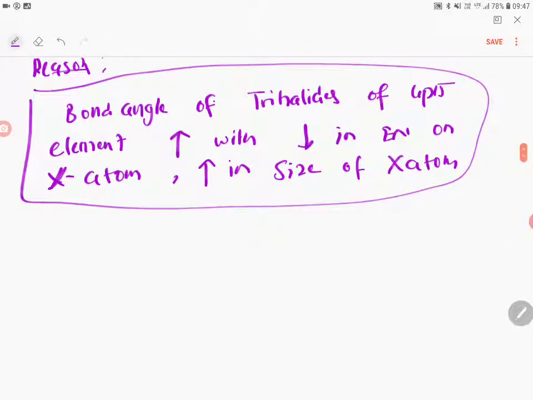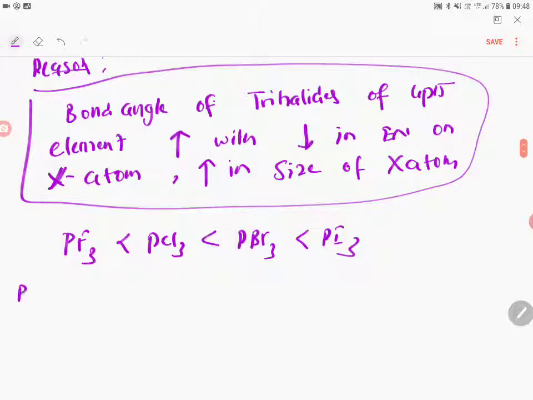In fact, I can give the magnitude of bond angle also for you. PF3 is less than PCl3 is less than PBr3, which is less than PI3.